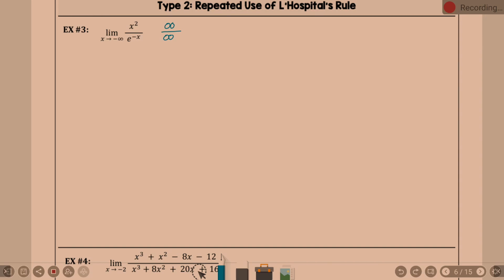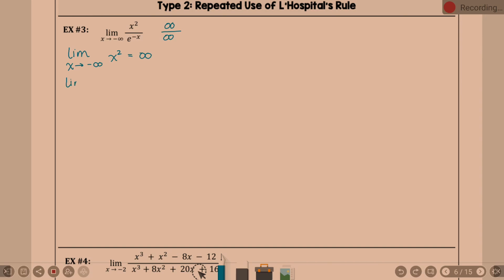So again, we are of the form, an indeterminate form. This time it's the infinity over infinity. Okay? So 0 over 0, infinity over infinity, or negative infinity over negative infinity. Those are your most common ones. So, officially, don't take up the whole box, FYI. The limit as x approaches negative infinity of x squared is equal to infinity.